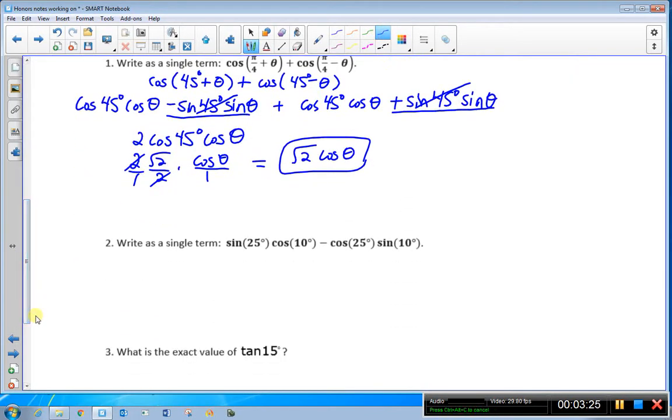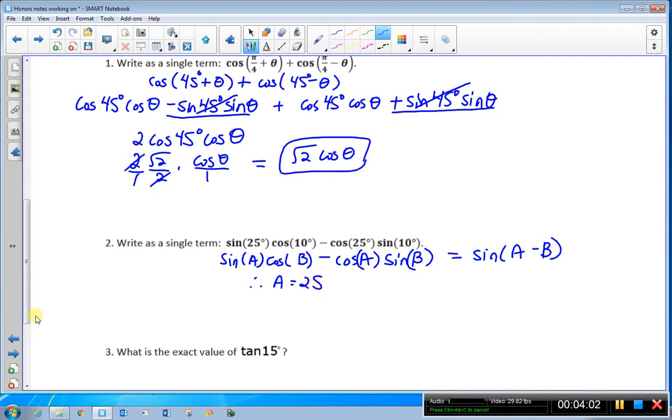Number 2, write as a single term. So now what you have to do is look for the formula that this would go into. So this is really the sine of A cos of B minus cos of A sine of B. And if you look up top, that matches with the formula for the sine of A minus B. So then, therefore, A is equal to 25 and B is equal to 10.